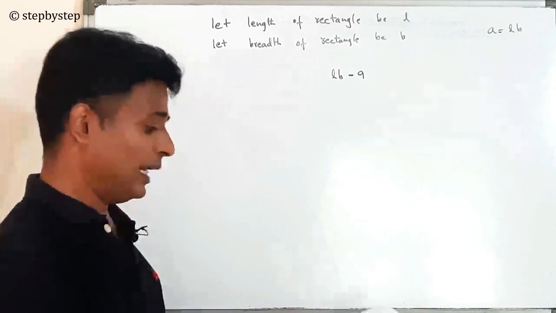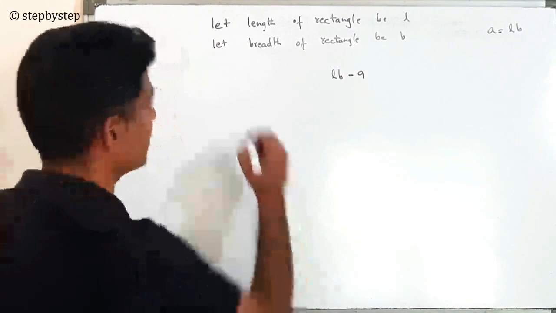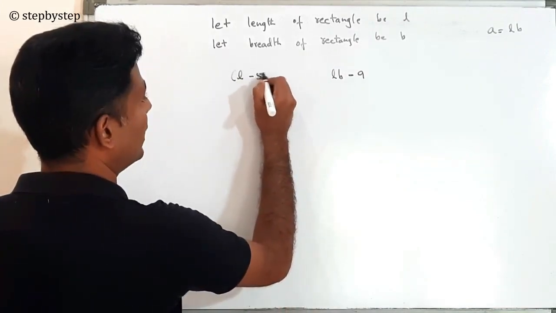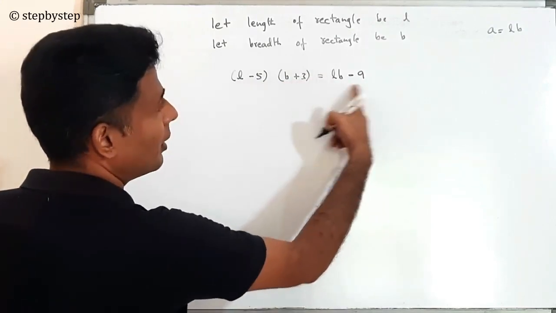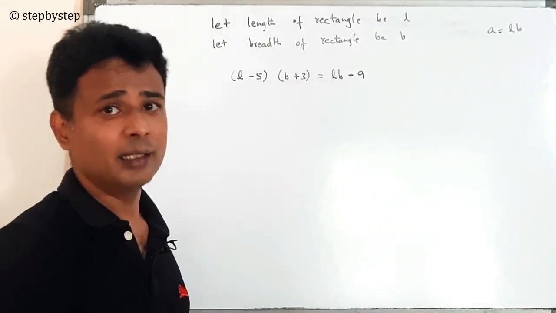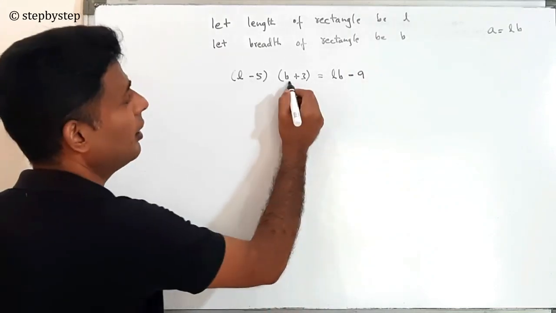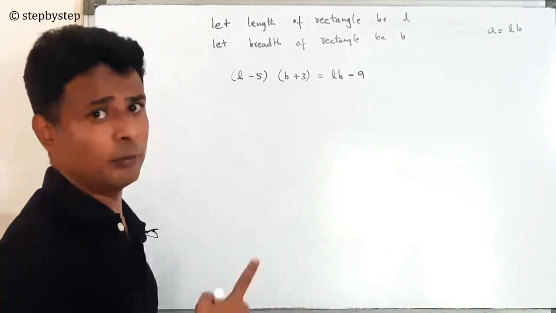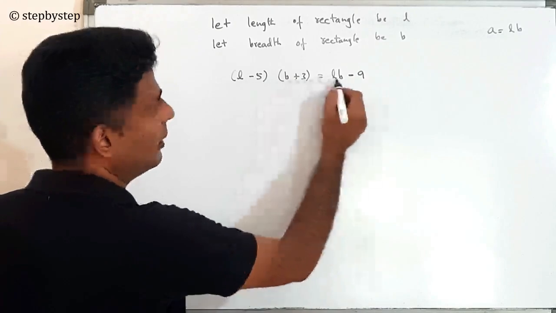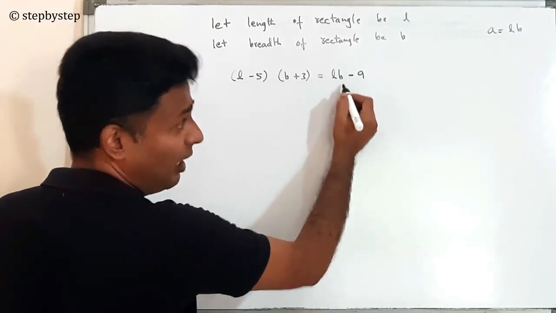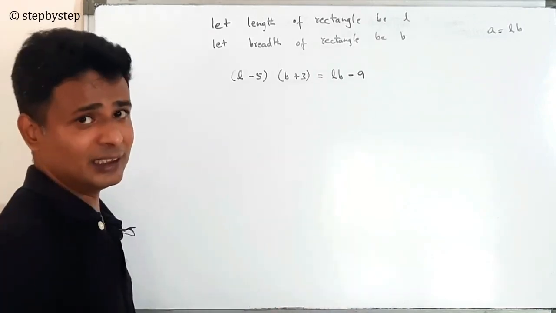If length is reduced by 5 units and breadth is increased by 3 units, the new length is L minus 5 and the new breadth is B plus 3. So L minus 5 into B plus 3. Length into breadth equals area. What is the new area? LB minus 9. So this is how you solve this problem.